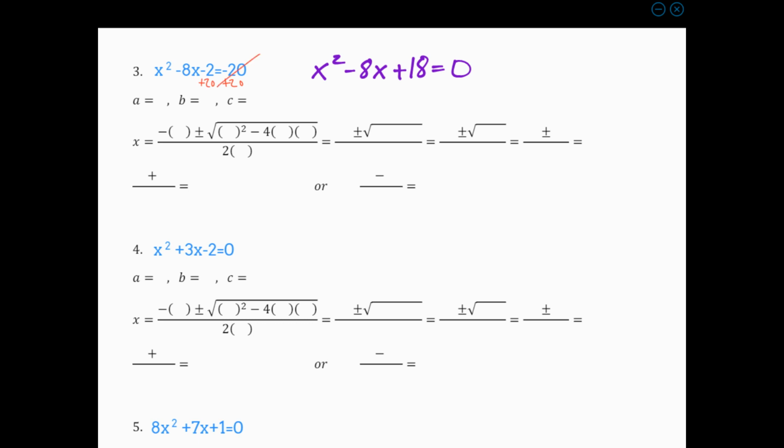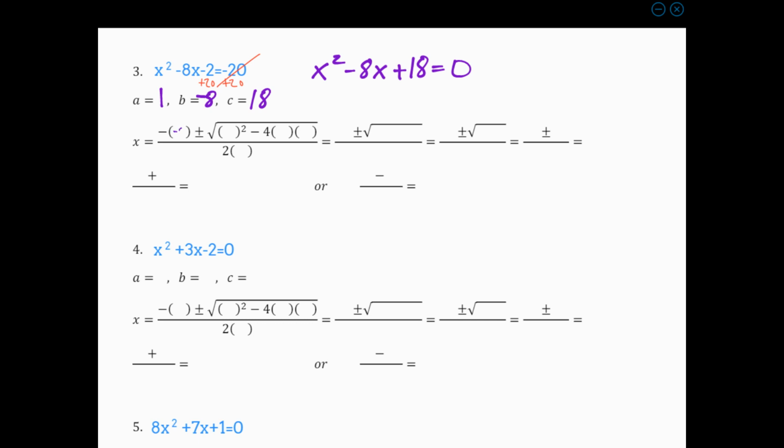So what does my a equal? We already said it's 1. And my b? A negative 8, right? And then C, 18.